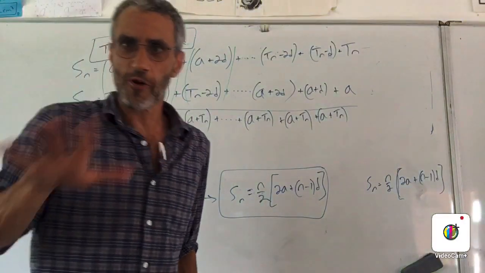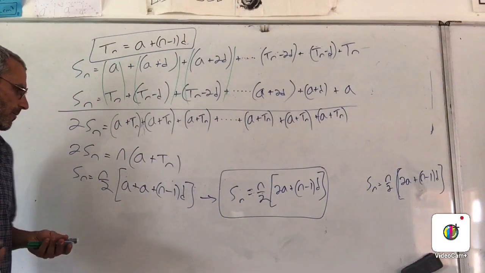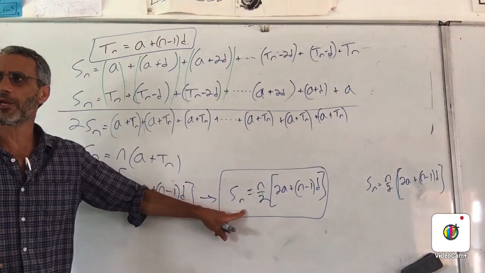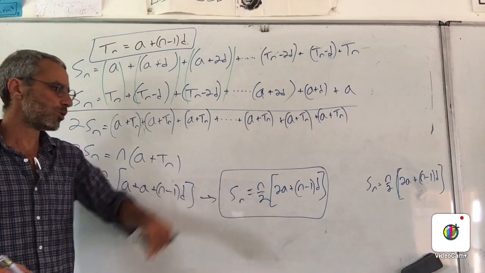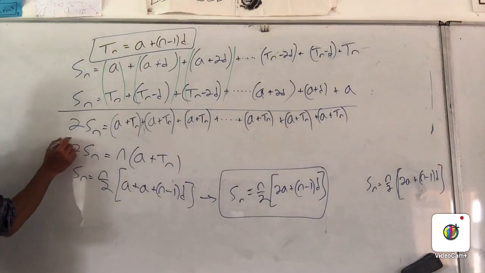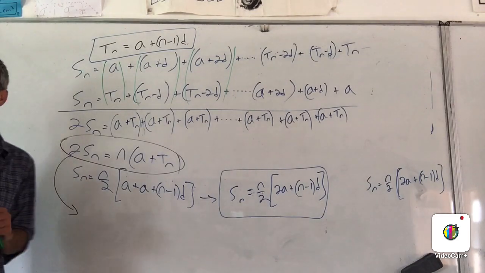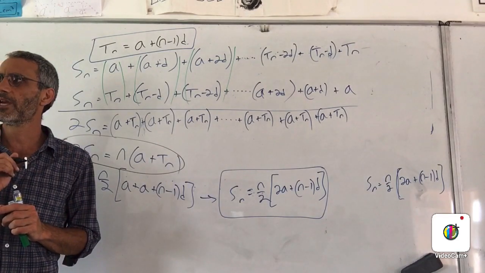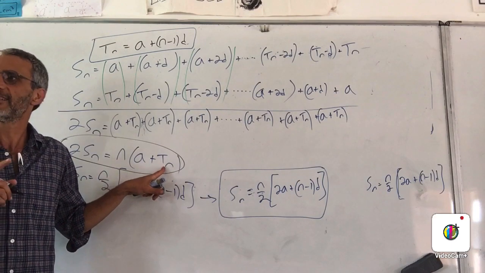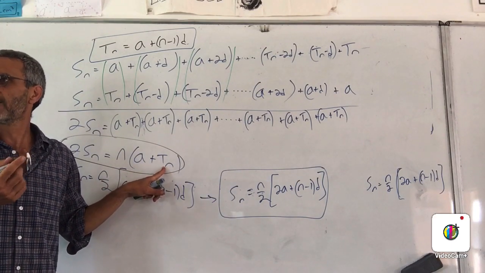Before I finish this video, even though it doesn't say in the textbook, I think we might as well do it. So that's the first formula we wanted to prove. There was another formula. We could have taken this and made it much easier. If I know the last term, the last term really is Tn, the nth term. So instead of Tn, I can write down L because that's the last term.